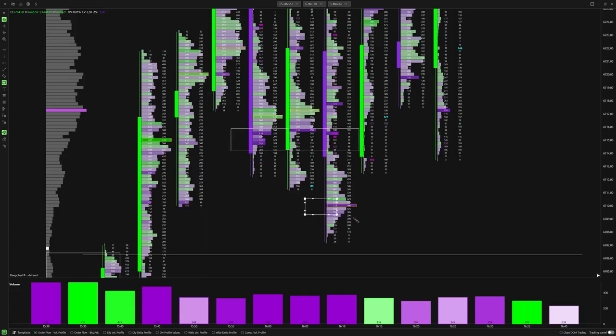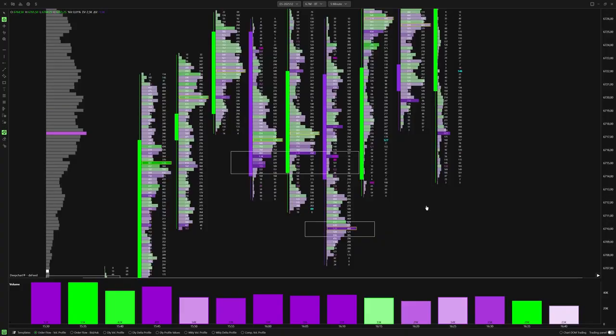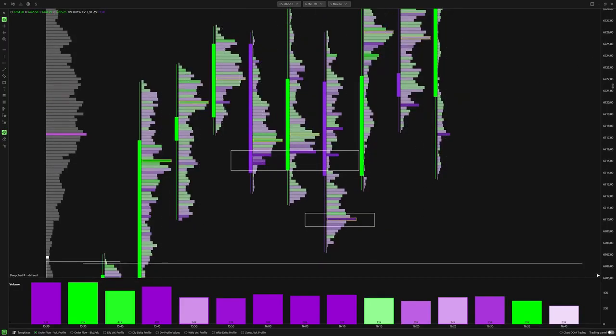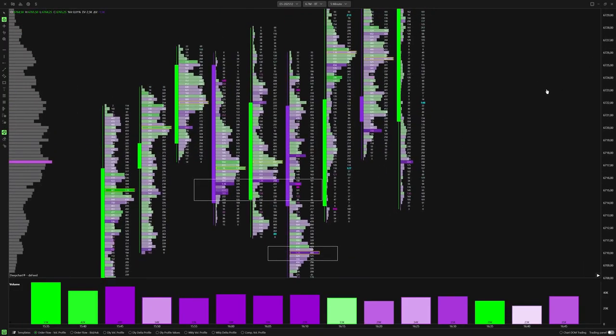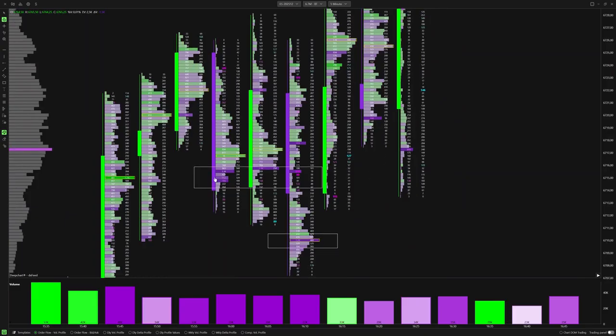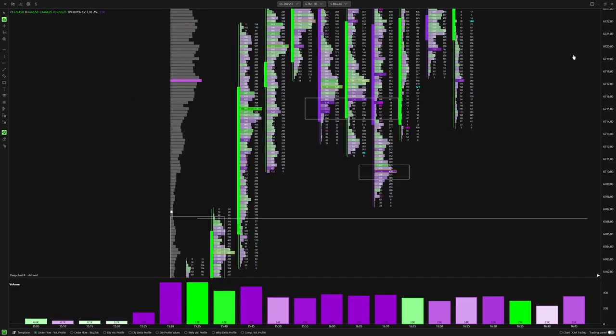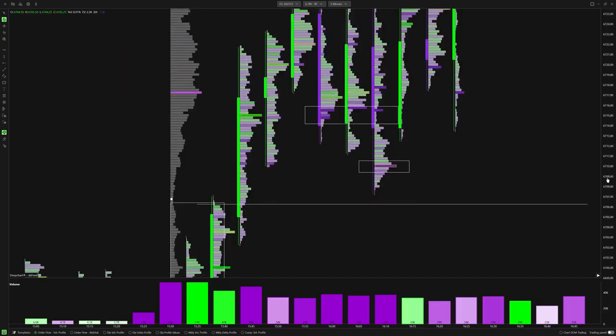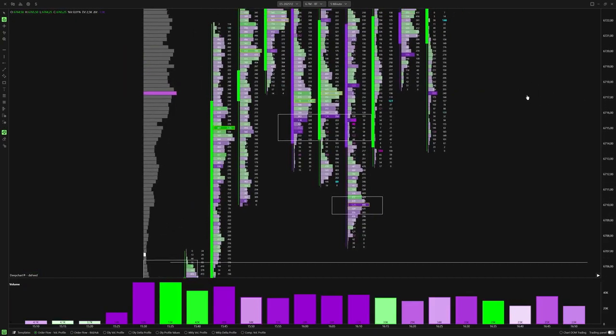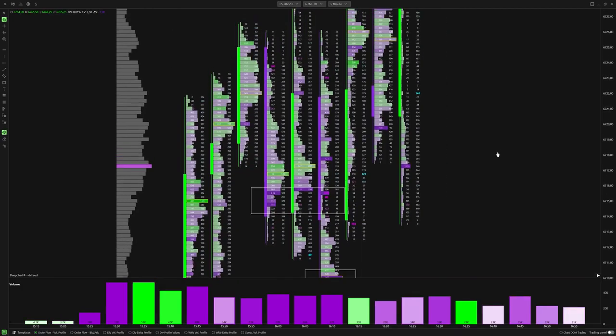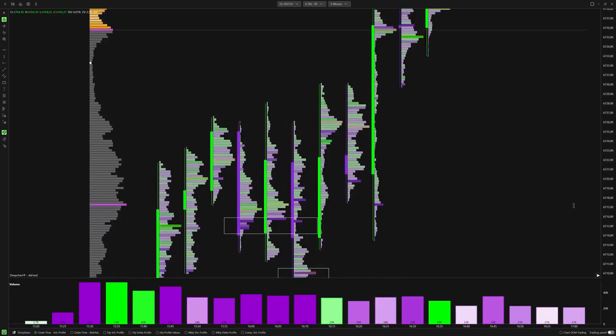Sellers trying to go here, but they were completely absorbed by buyers. So buyers are more active on the passive side. They completely absorb all sorts of sellers, and that's a very clear indication that this breakout is very likely going to continue. And there you go.